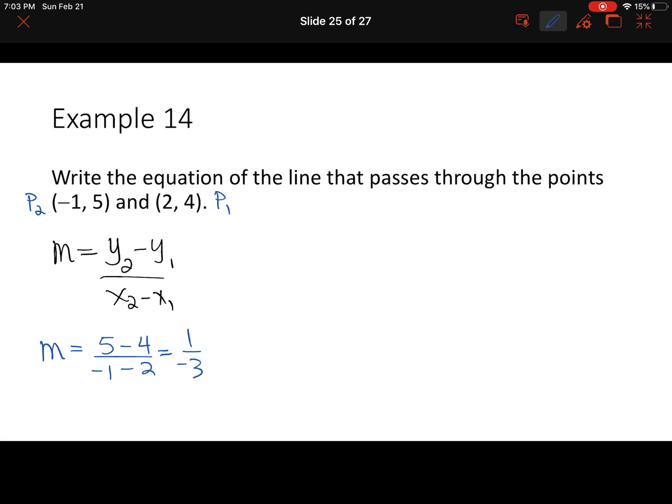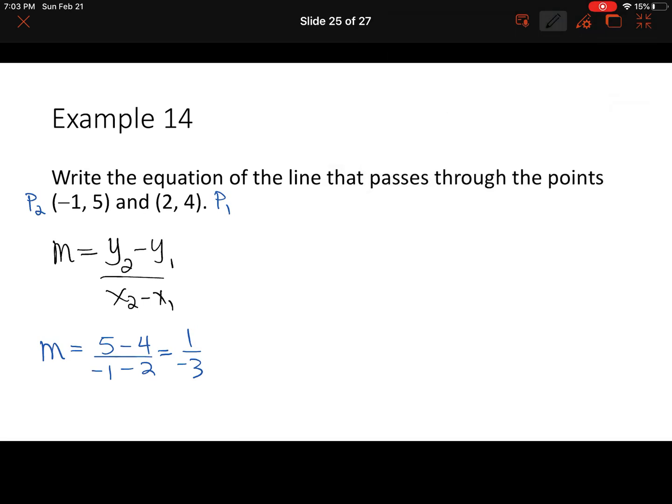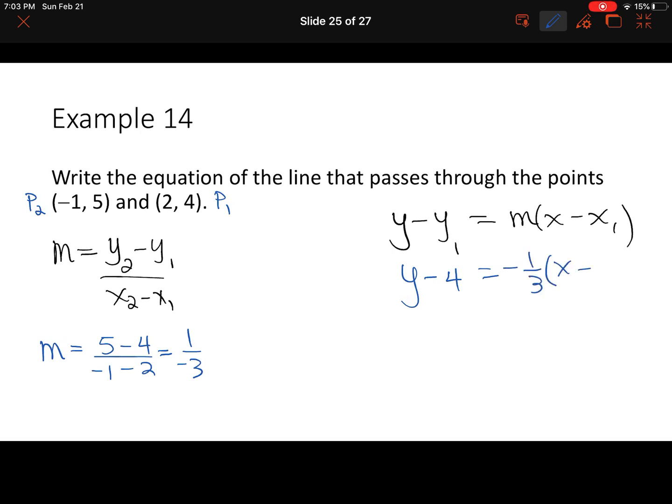So we have our slope, and then we use point slope to find the equation of the line. Y minus y1 equals m times x minus x1. Y minus 4 equals m, which we just found, times x minus the x value that was associated with that y.